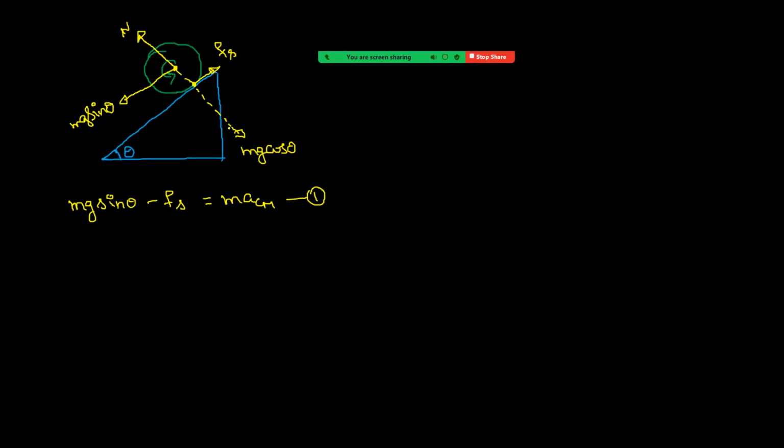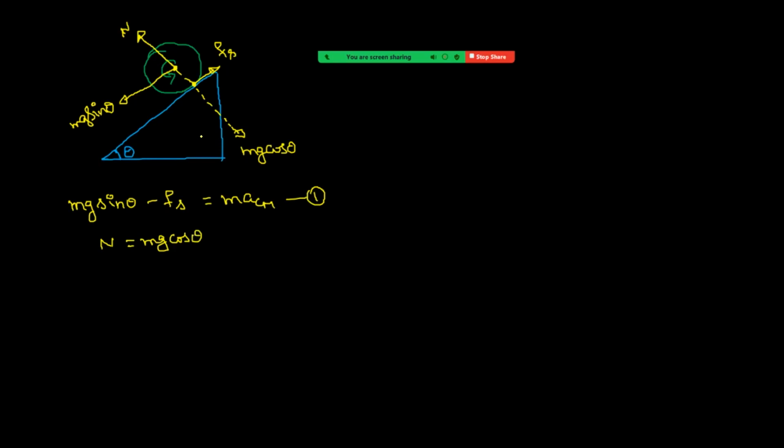Normal to the incline there is no motion, so the net force there must be 0, which means the normal reaction is equal to mg cos theta.